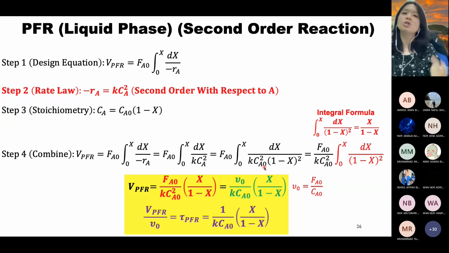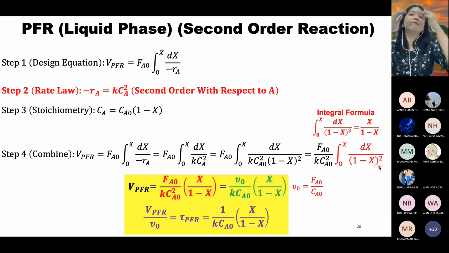CA naught pula adalah initial concentration A yang kamu prepare. Regardless of what conversion, initial concentration kamu prepare tu masih sama bila masa kamu prepare. Okay, that's why that K and CA naught square, I take out from the integration part ke bahagian depan. That's why it become FA naught per K CA naught power of 2. So now I integrate, yang tinggal hanyalah integral 0 to X, dX per 1 minus X yang kuasa 2 ni.